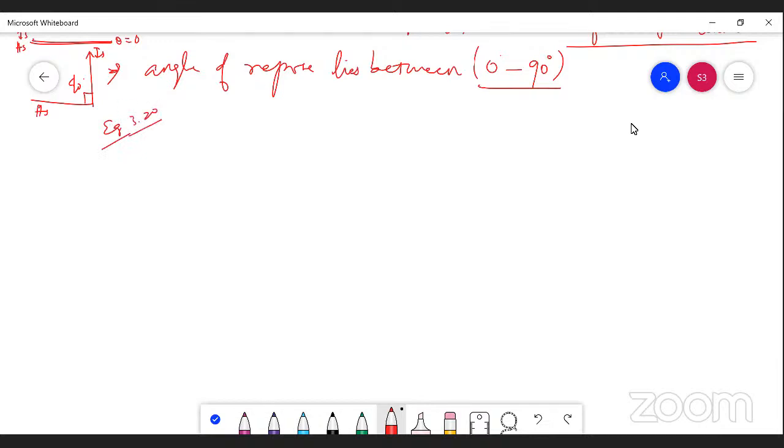Example 320. The block of mass M slides down the plane inclined at an angle of 60 degrees. So, this is the inclined surface. A block of mass M slides down the inclined plane.